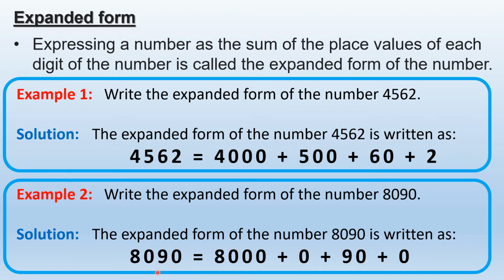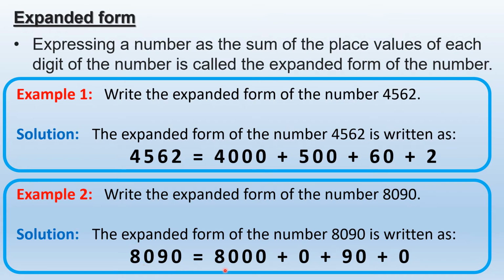In the given number, this 0 is in 1's place, 9 is in 10's place, 0 is in 100's place, and 8 is in 1000's place. So while writing expanded form, the first term is corresponding to the digit 8 here, which is in thousands place.